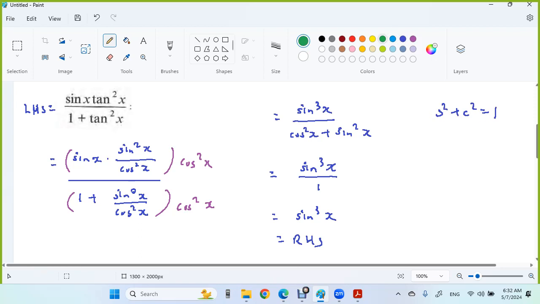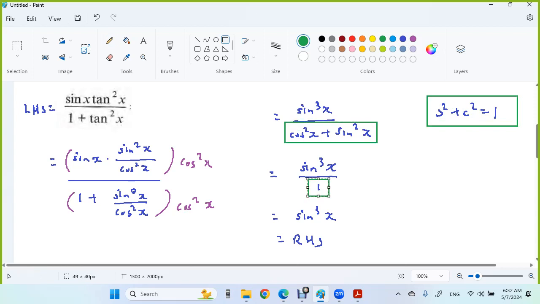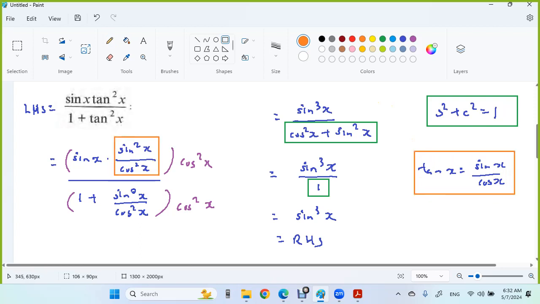And then the tangent x is the sine x over cos x. So tangent is the sine per cos, so this is the tangent.